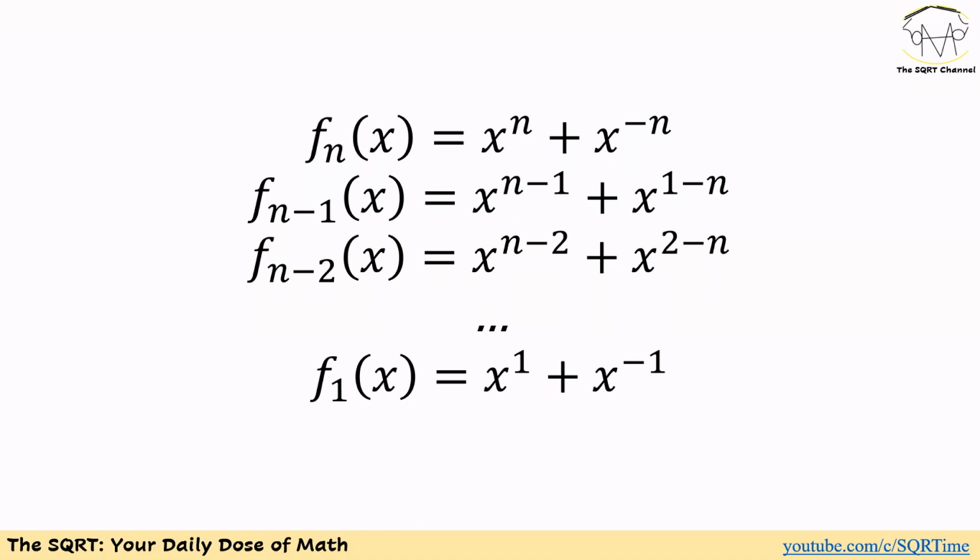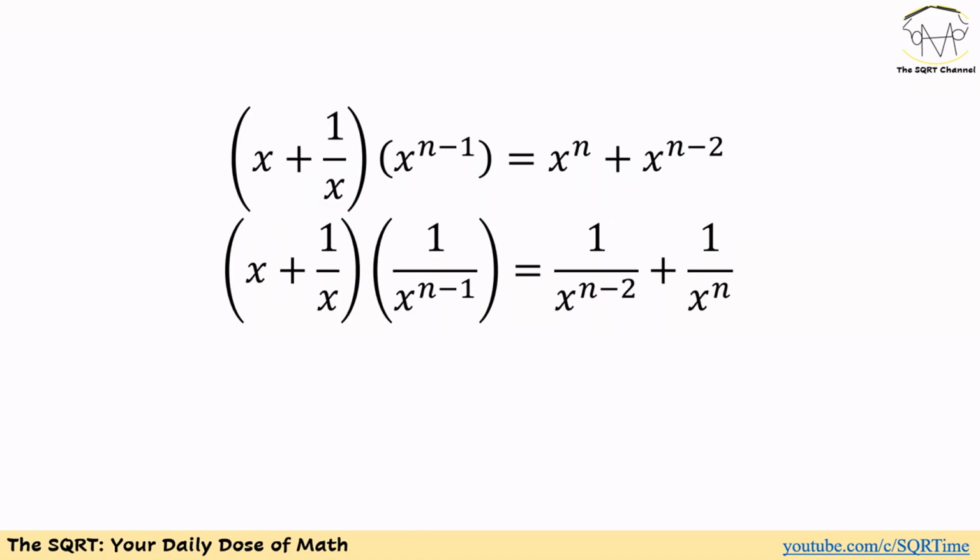Now note that we want f of x for any value of n belonging to the natural numbers to be a natural number. So f of n minus 1, f of n minus 2, all the way down to f of 1, for the x values that we are going to find, should be natural numbers.